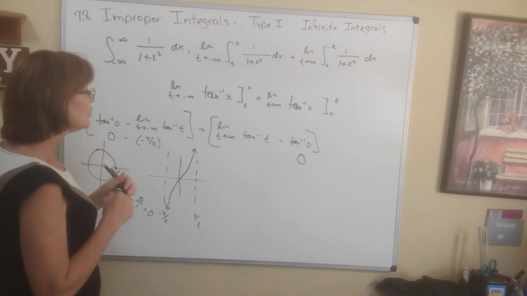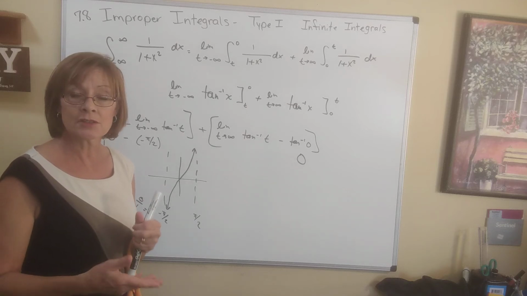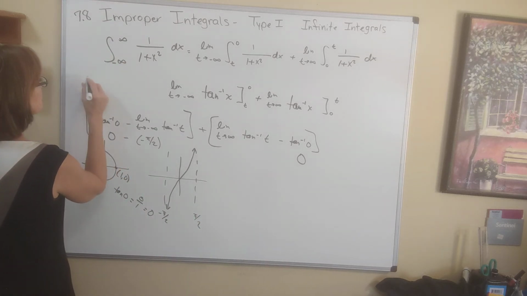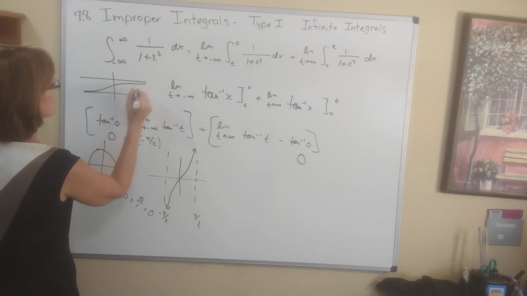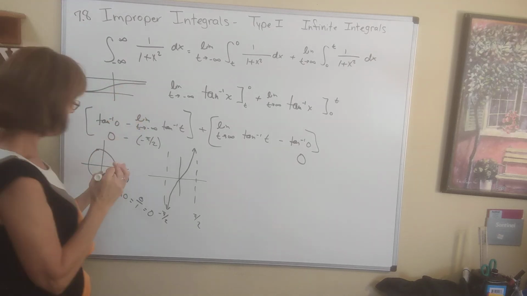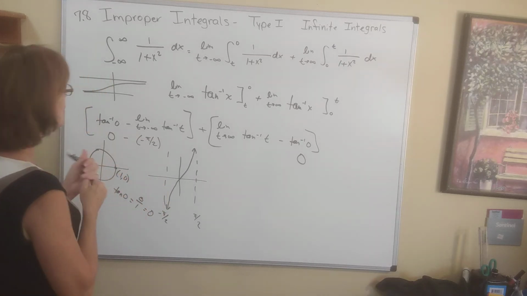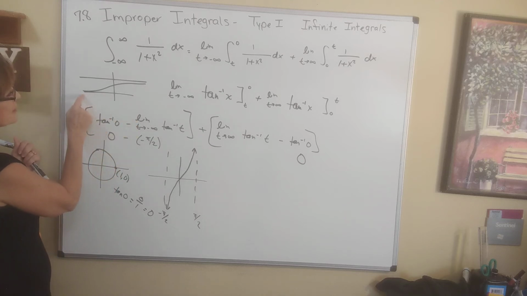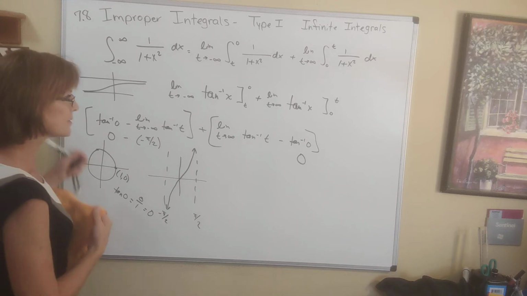But you could also look at the inverse tangent graph and get that information just by looking at that function itself, which, if you'll recall, looks like this. It has these horizontal asymptotes that it approaches as x goes to infinity. So you could have taken that approach. As x goes to negative infinity, it's going to be down here at negative pi over 2. However you can see that and get this answer is fine.